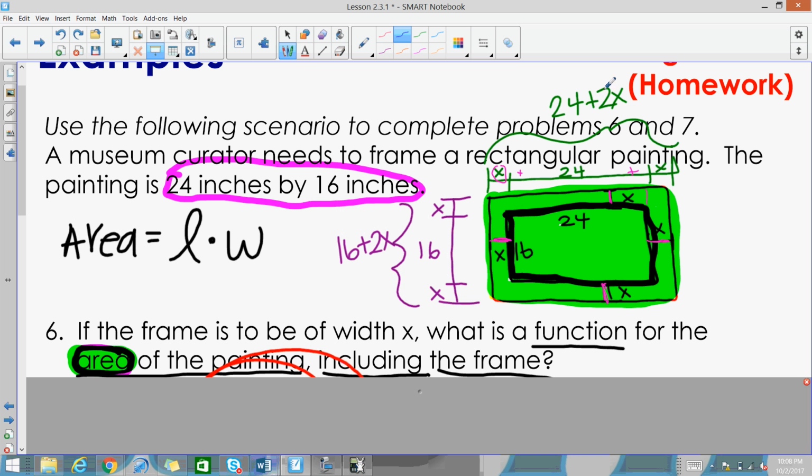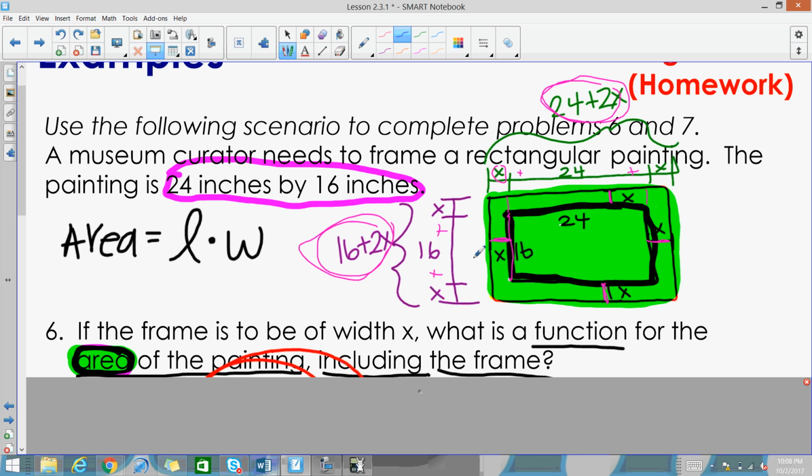For our width, it's 24 plus 2x. That's your width, 24 plus 2x's of your frame. Now the same thing for your height. If you start from the bottom and go up, you have a width of x for the frame going around. Then you have 16 units for your painting plus another x. So you're going to go x plus 16 plus x, which is 16 plus 2x.